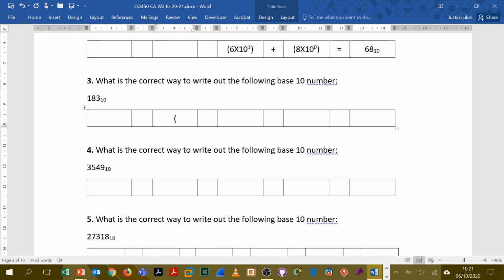So we've got 1 times 10 to the 2, plus 8 times 10 to the 1, plus 3 times 10 to the 0, which would equal 183 in base 10.